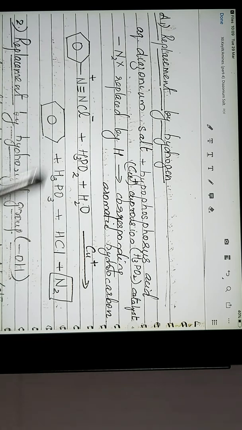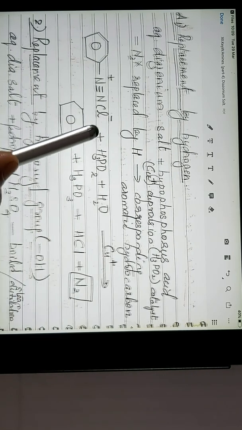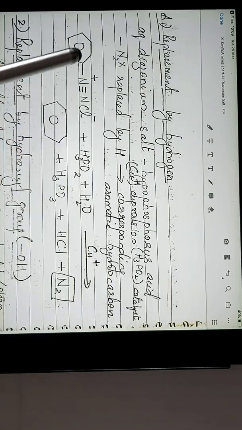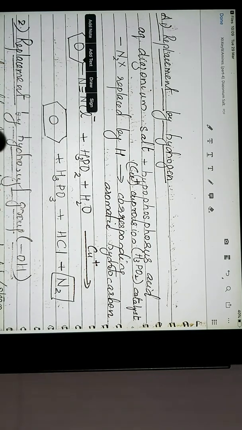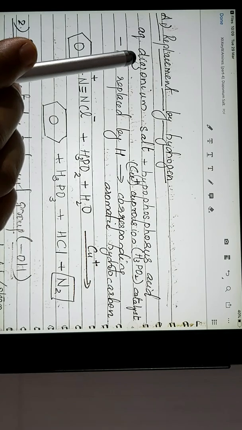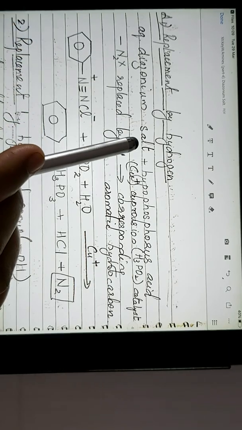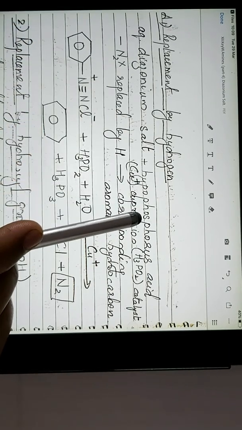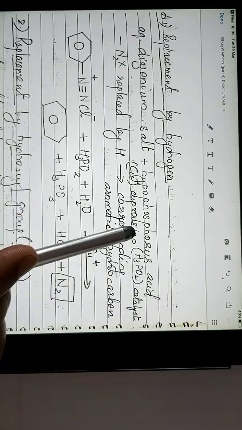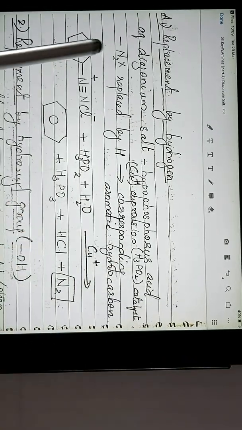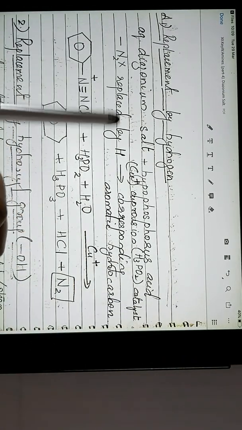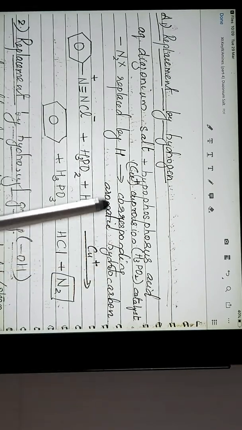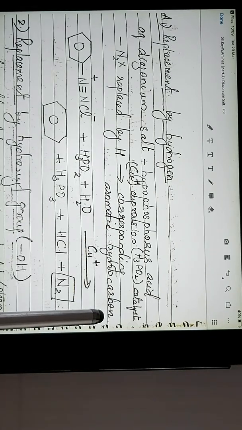The diazo unit will get replaced, the hydrogen will take the place, and the aromatic unit will be produced. The aqueous solution of diazonium salt treated with hypophosphorous acid in the presence of cuprous ion as the catalyst, the diazo unit gets replaced with hydrogen and the corresponding aromatic hydrocarbon will be produced.